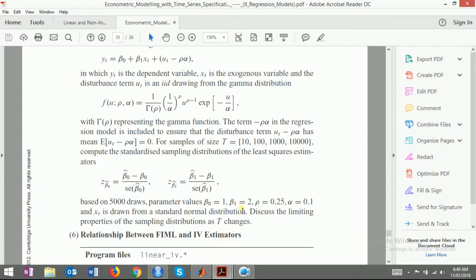Parameter values are given: beta naught, beta 1, rho, alpha. Xt is drawn from a standard normal distribution. Discuss the limiting property, the p-lim, of the sampling distribution as t changes. So we want to talk about the limiting property here.